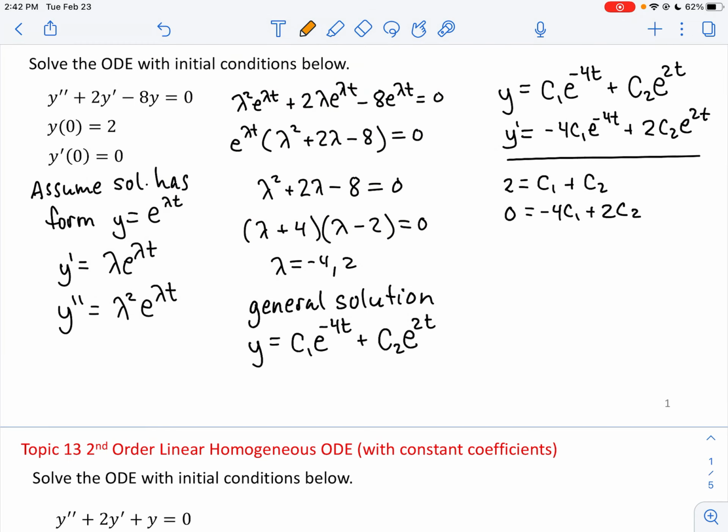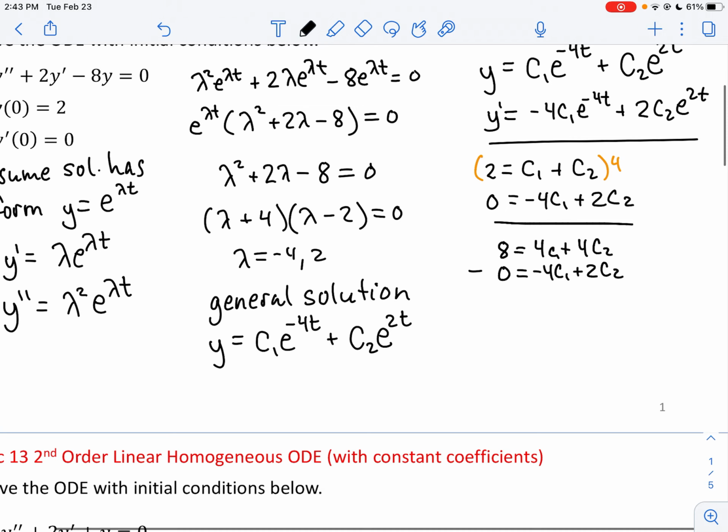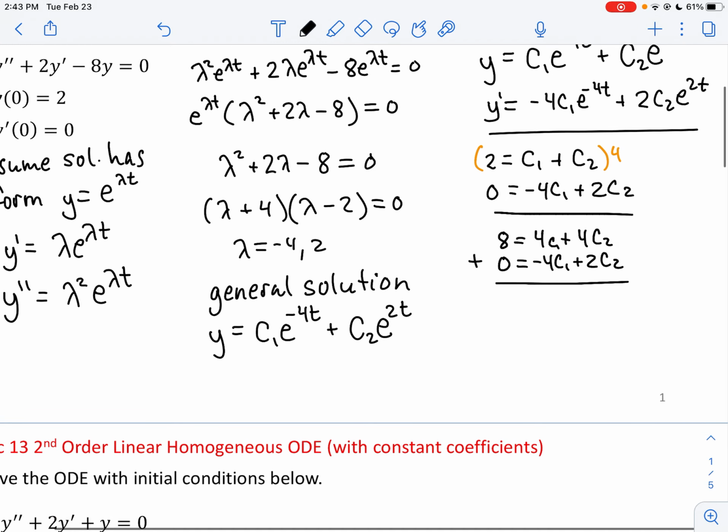I want the c1s to cancel, so I'm going to multiply the first equation here by 4, both sides of it. And that turns that first equation into 8 is equal to 4c1 plus 4c2. And then the second equation is 0 is equal to negative 4c1, plus 2c2. And so when you add the two equations together, that creates a new equation that gives me what c2 is going to be.